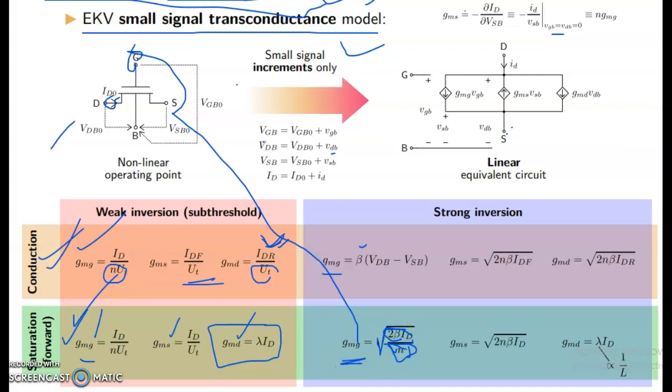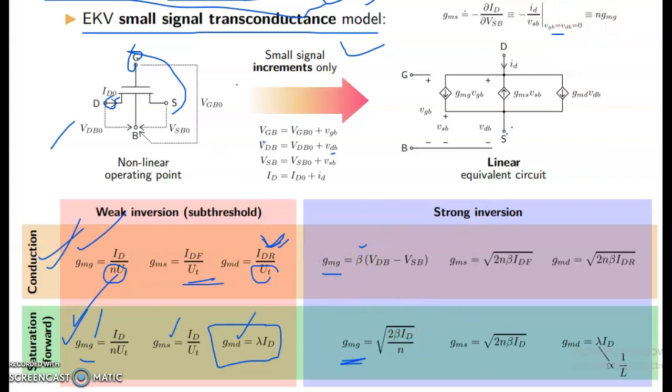This is the GMG. For this much n, this much we are finding, and that value is the GMG. Two times beta ID.